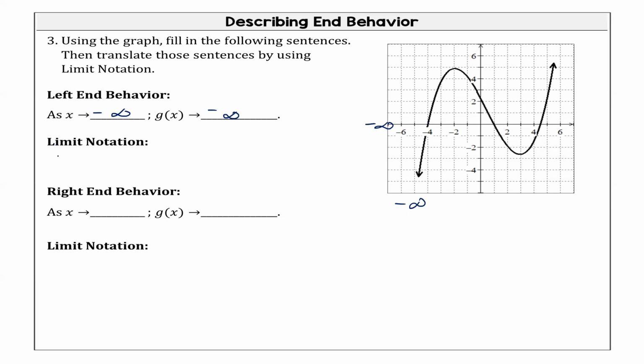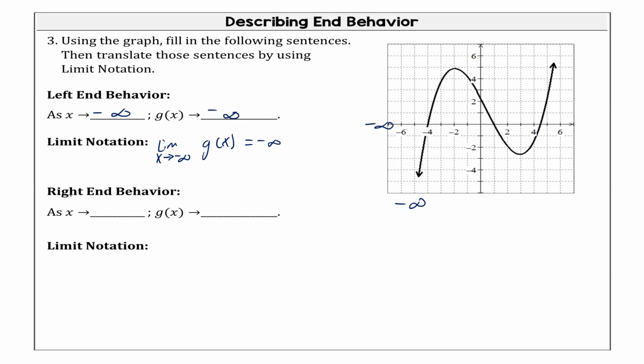So when we write this as a limit, our limit is the limit as x goes to negative infinity, g of x equals negative infinity. Because after a while, mathematicians got tired of writing, right? The x values are moving towards negative infinity without bound. They're like, how can we shorthand this?